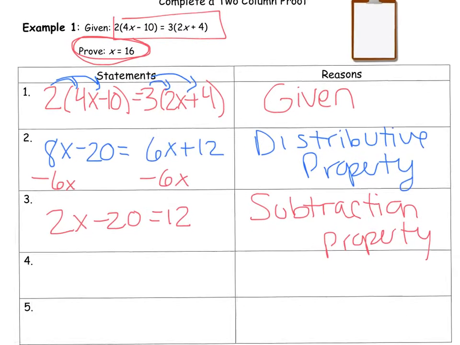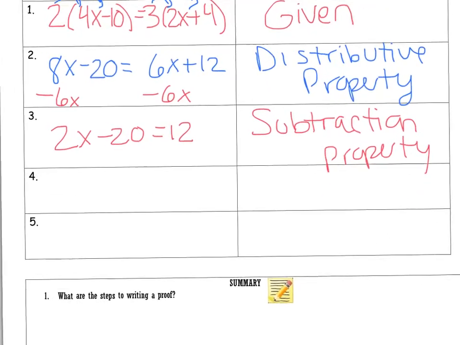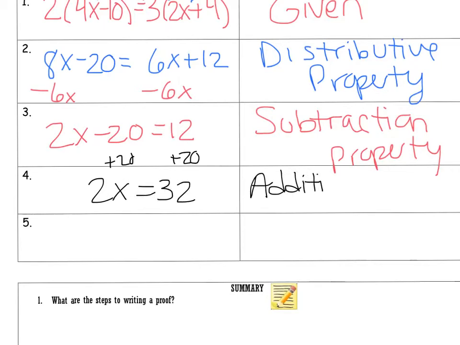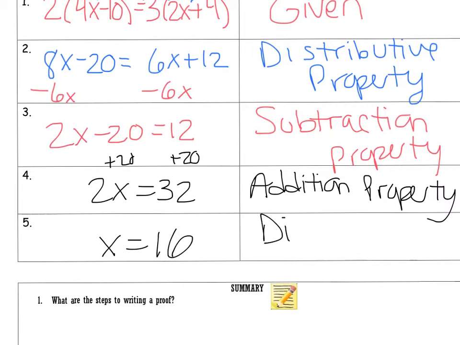So next I am going to add 20 to both sides. So plus 20 plus 20, and we have 2x equals 32. Your reason, well, we added 20, so that is your addition property. And lastly, to get x is 16, you would divide by 2. So since we are dividing, it is your division property.